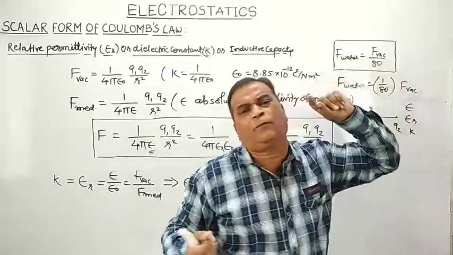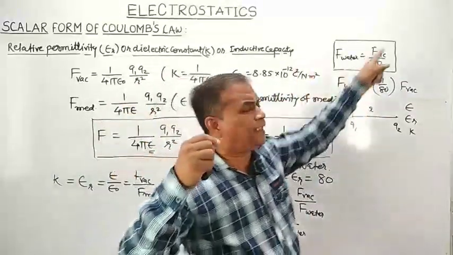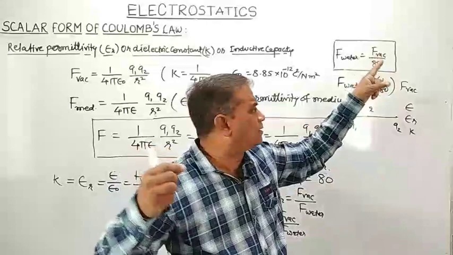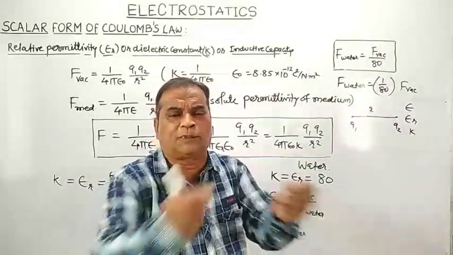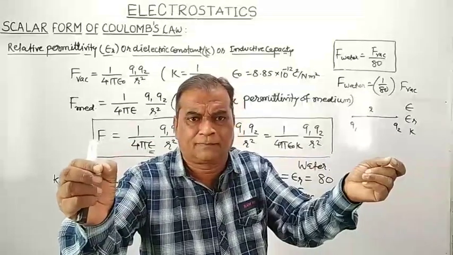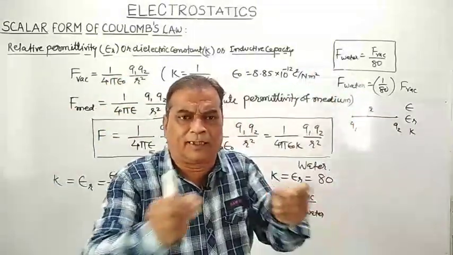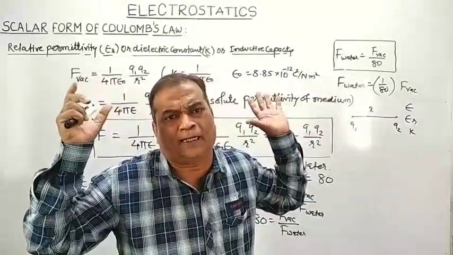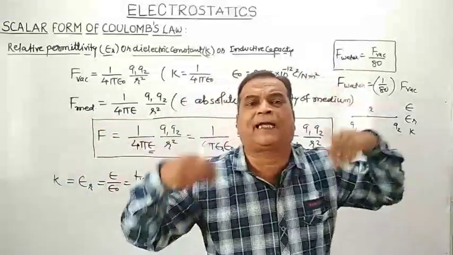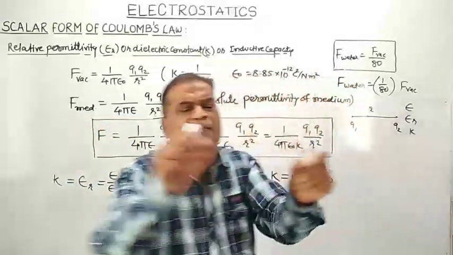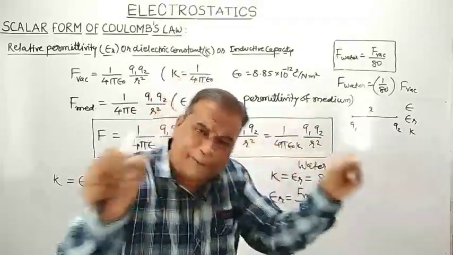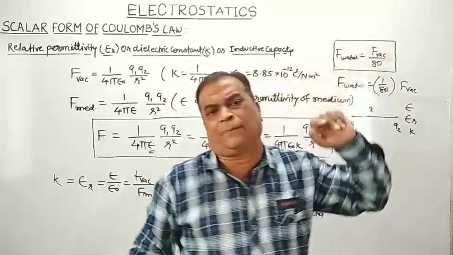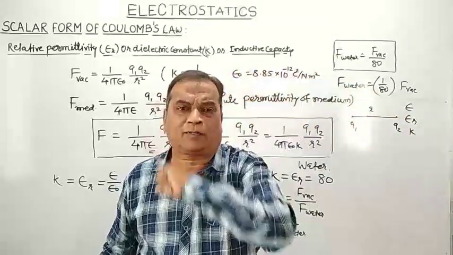It is found to be, or it reduces to, 1 by 80th. The force between two point charges which are kept in water at a certain distance apart is 1 by 80 times the force between the same two point charges which are separated by the same distance apart, but when they are kept in what? Vacuum.